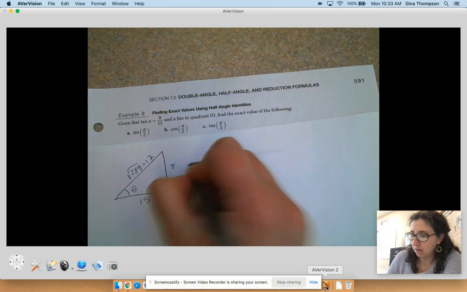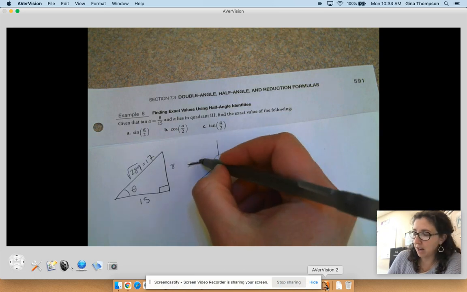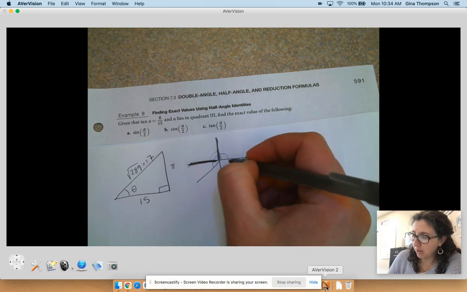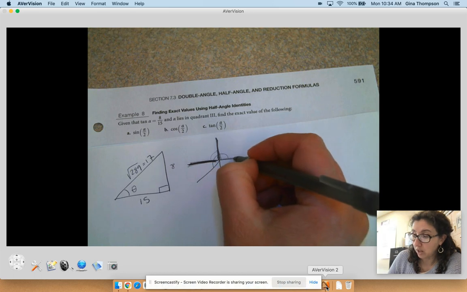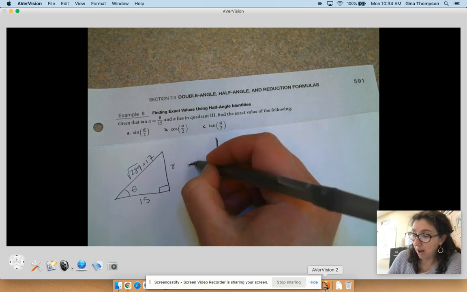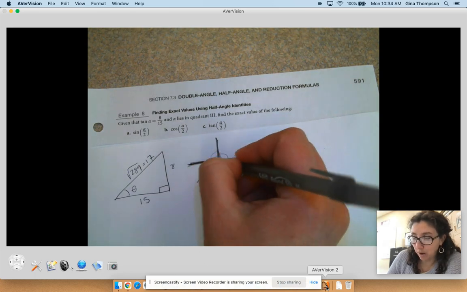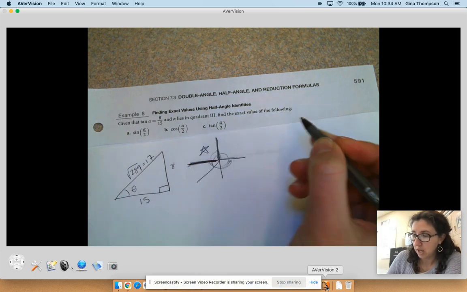Here's pi, so the smallest it could be is pi, and pi divided by 2 is pi halves, so this is going to go there. How about going all the way over to here? 2 pi divided by 2 is going to be pi. So if our angle is anywhere in quadrants 3 or 4, when we divide it by 2, we're going to end up here in quadrant 2.